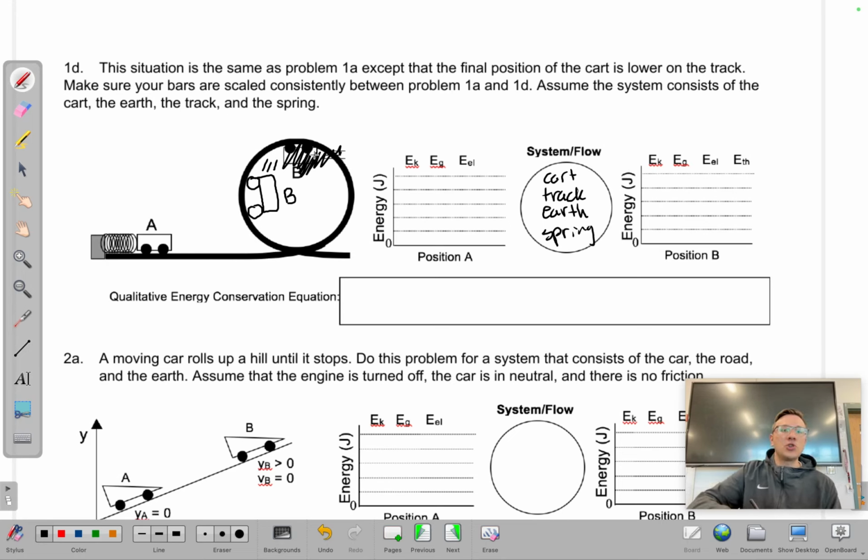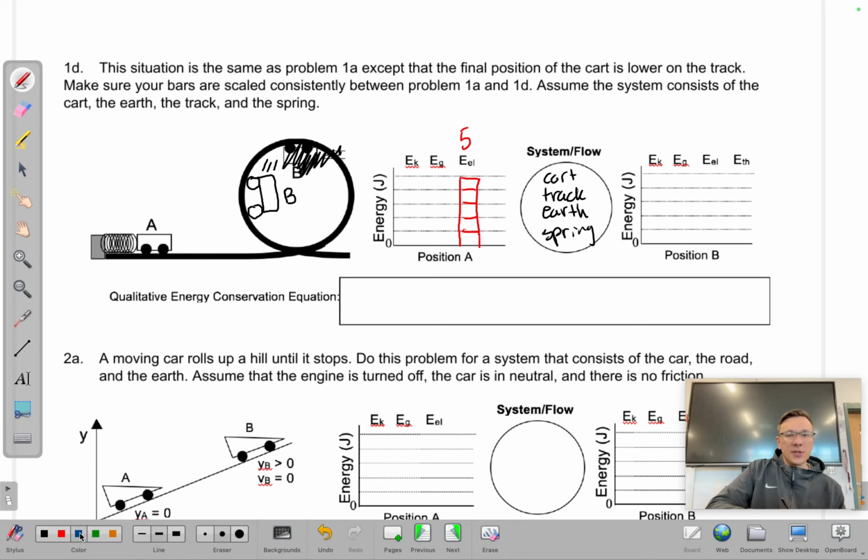Then it says make sure our bars are scaled consistently between problems 1A and 1D. So we just need to make sure that we are including a different amount of gravitational potential energy relative to what we had in problem 1A. On the initial side, once again, there's elastic energy stored in the spring, 5 bars of energy there.